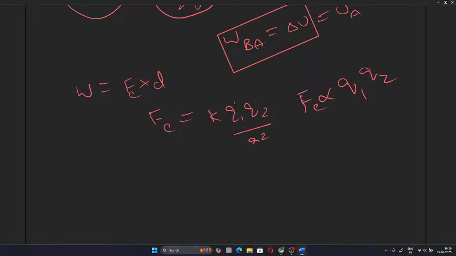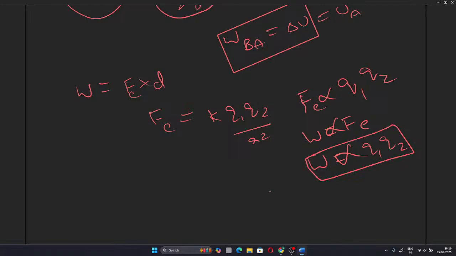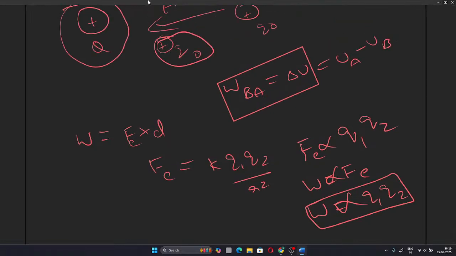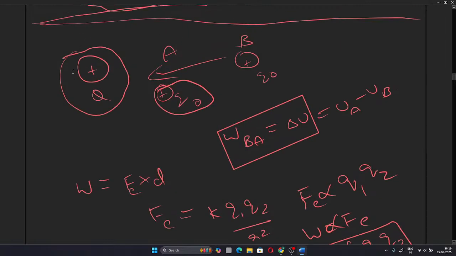Because of that, work done, which is proportional to Fe, is also proportional to q1q2. In such a case, if you want to calculate the change in potential energy, we should know both the charges Q naught and the main charge capital Q.